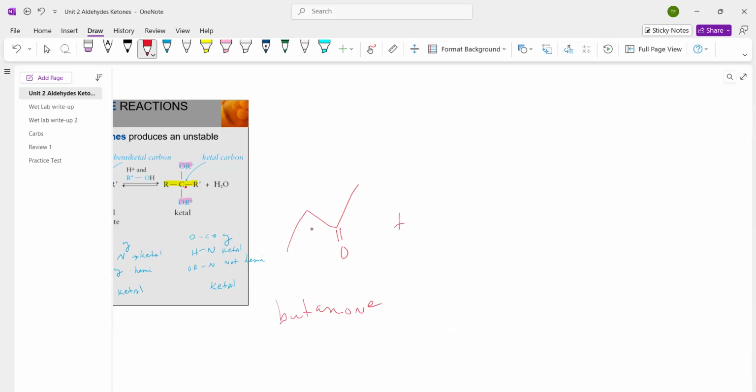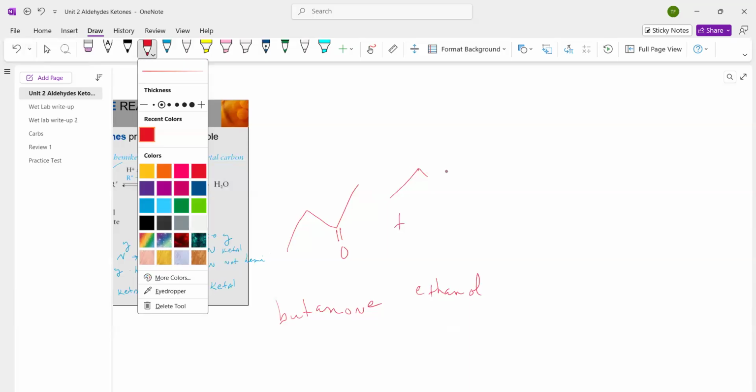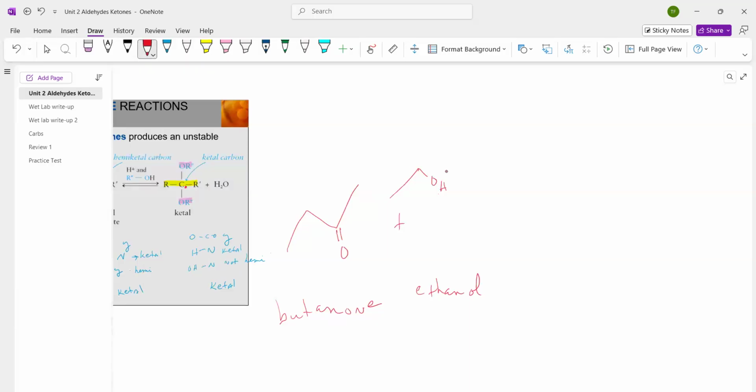And let's throw in ethanol again. Oops, I keep doing that. Okay, so we have a ketone plus an alcohol.